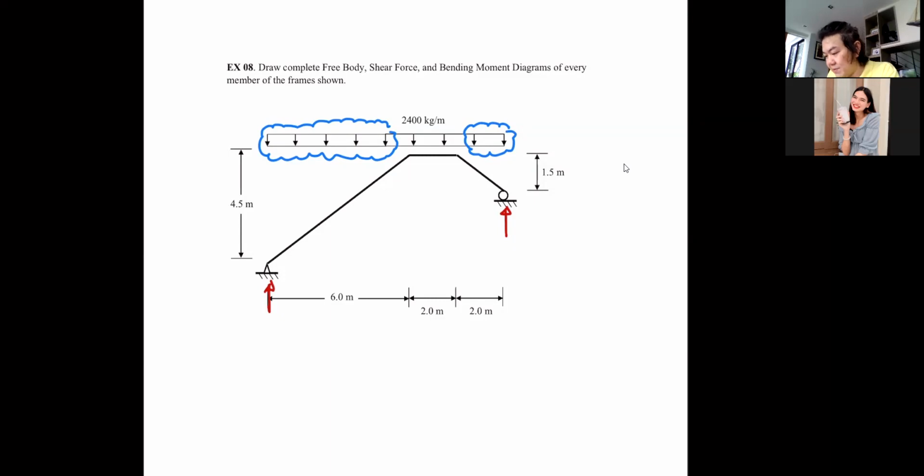So you can say that this better be 0, right? There is no horizontal reaction at all, even though this frame will be pushed to the side by the inclined members. So we can always start off by doing that.